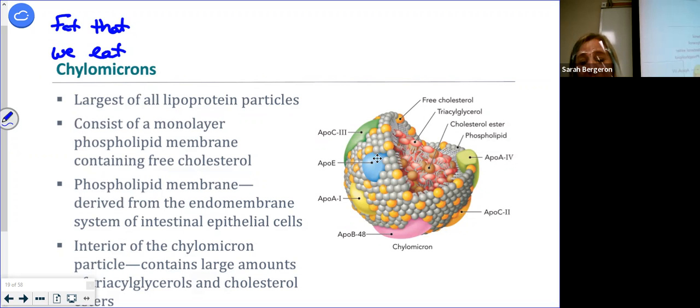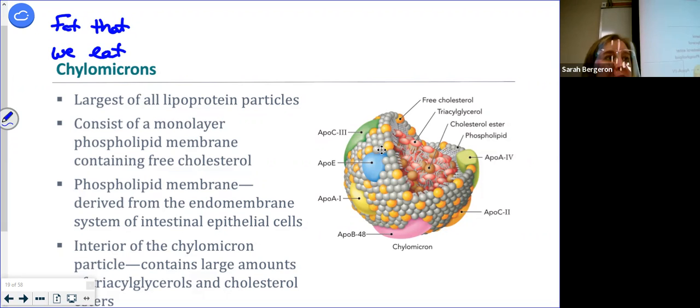So this is very reminiscent of a membrane, because it has phospholipids, it has cholesterol, it has lipoproteins. These are proteins that associate with lipids: ApoE, ApoC, ApoB. All of these are very reminiscent of our membranes.